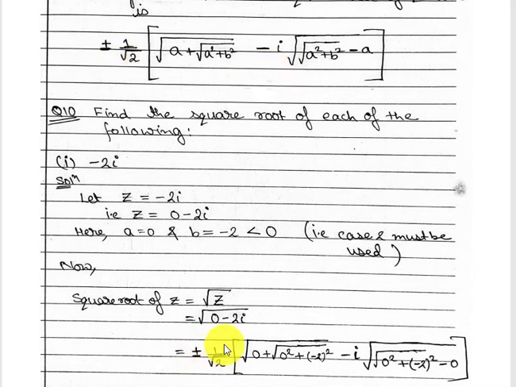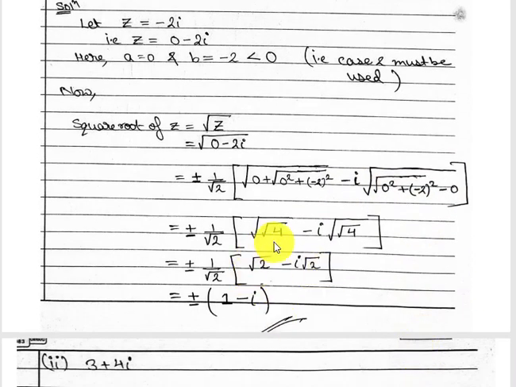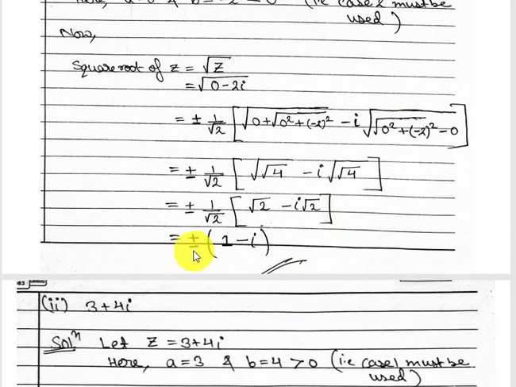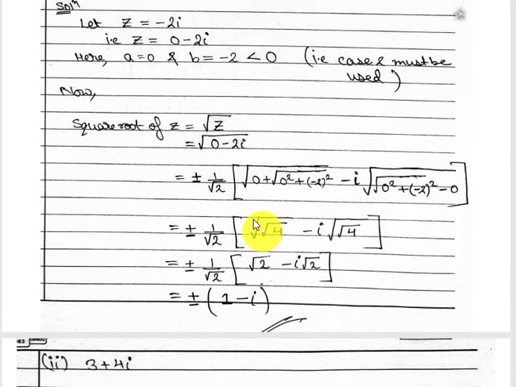So plus minus 1 upon square root of 2, then we write a, which in our question is 0, plus square root of a square plus b square, so 0 square plus minus 2 square, minus i. Substitute the values and evaluate it, and you will get plus minus (1 minus i). So this is the square root of minus 2i.